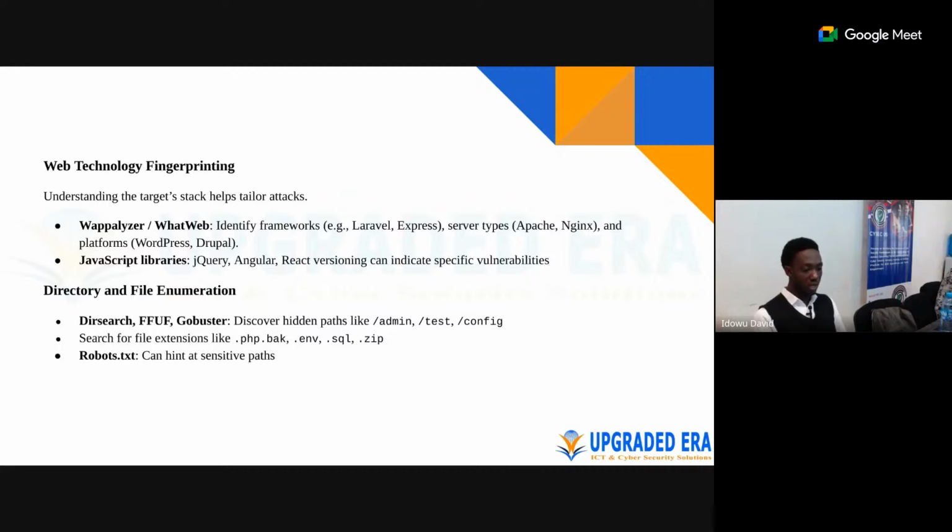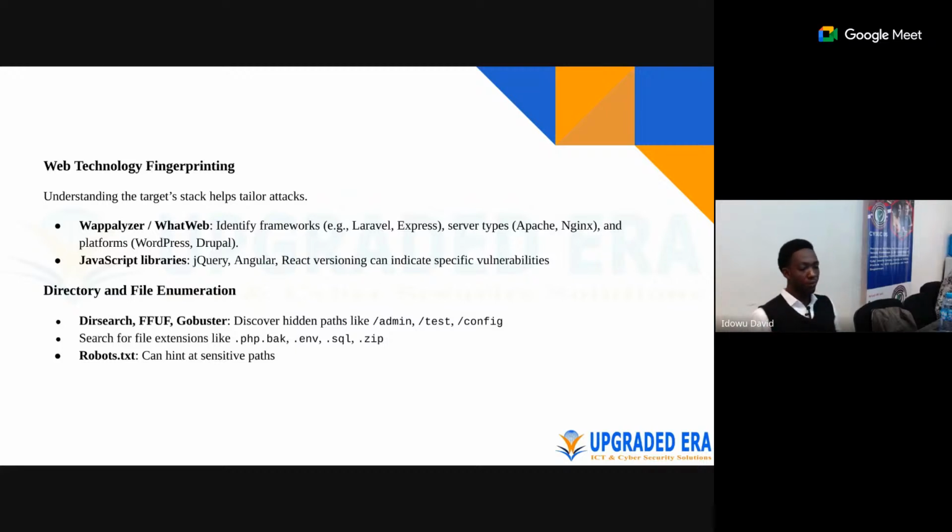For example, frameworks like Laravel, Express, server types like Apache and Nginx, and even platforms it runs on, like WordPress and Drupal. Wappalyzer does a great job in identifying these frameworks for you when testing an application. It automates the process for you.